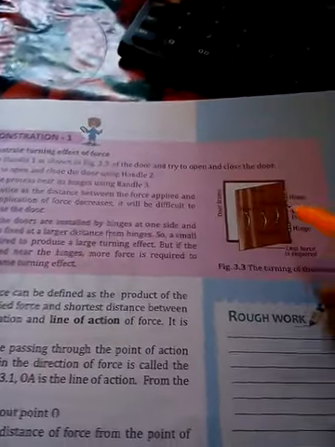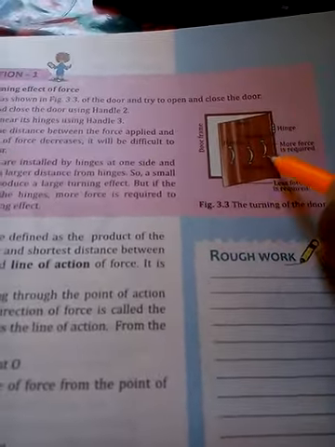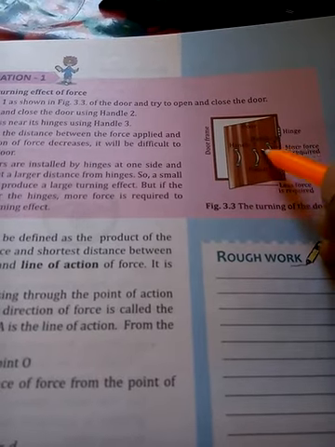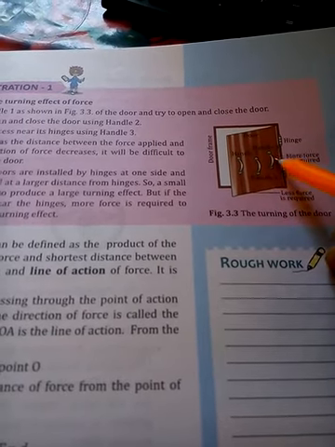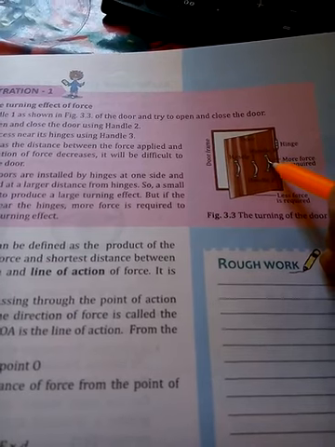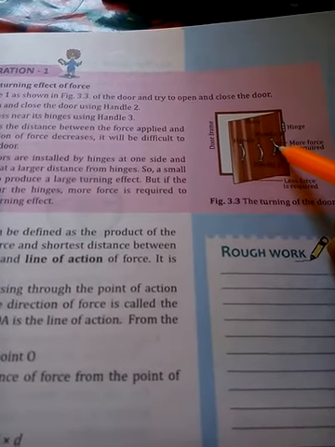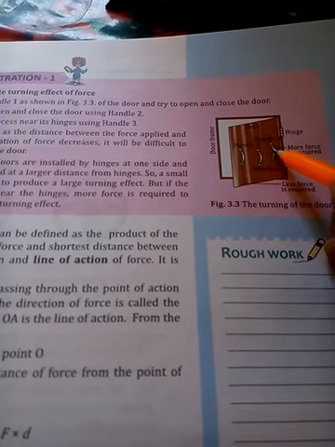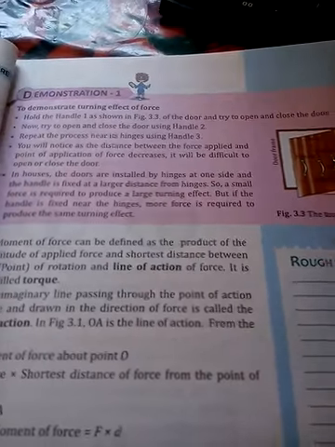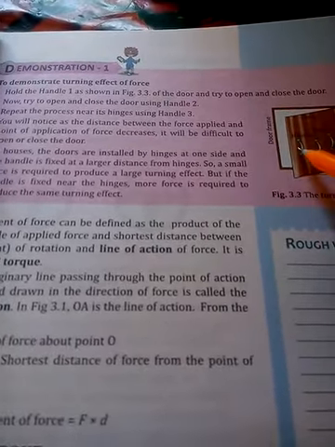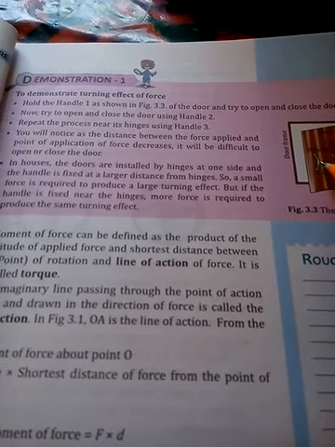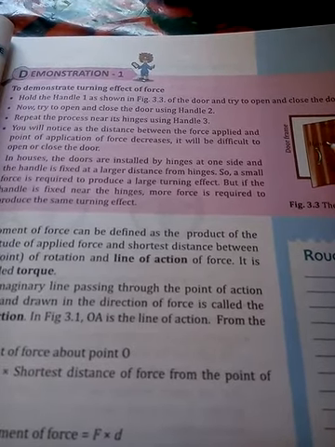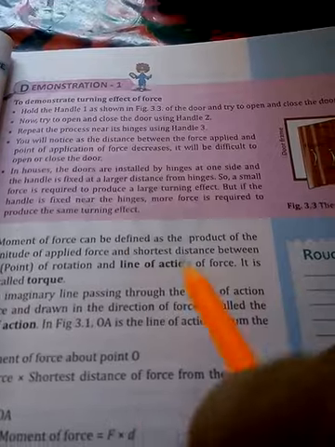It is very difficult to open the door with handle number 3. You have to apply a greater amount of force in order to open it. But it is very easy to open using the first handle.